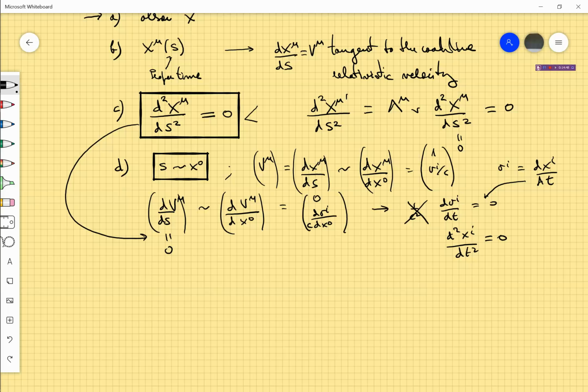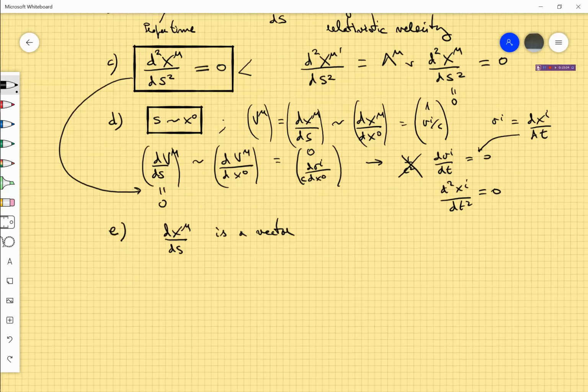Although dx mu over ds is a contravariant vector in the more rigorous, more general definition of a vector that we gave before, d squared x mu over ds squared is not a vector.